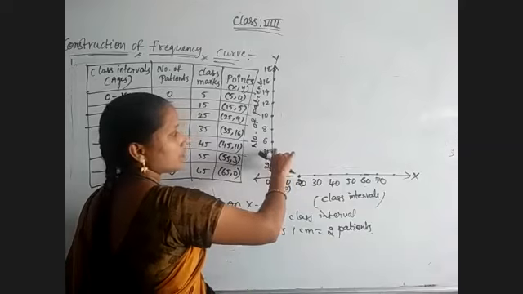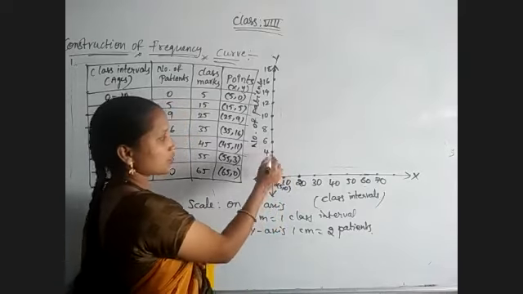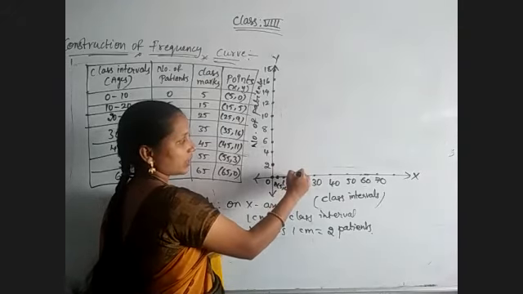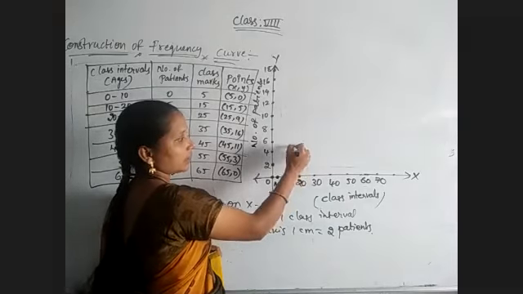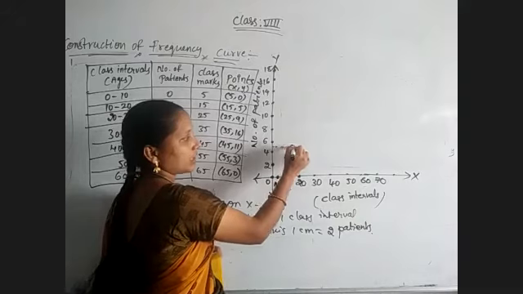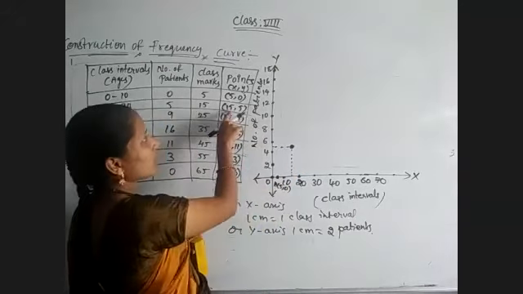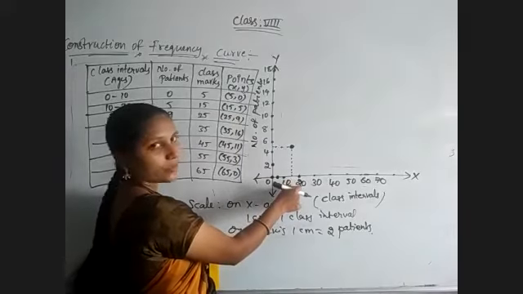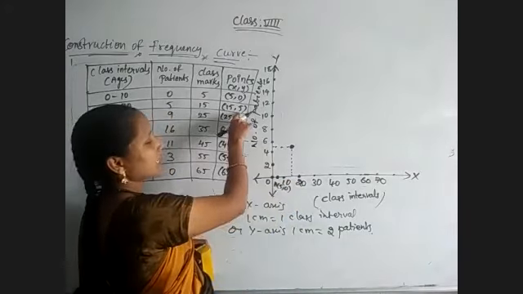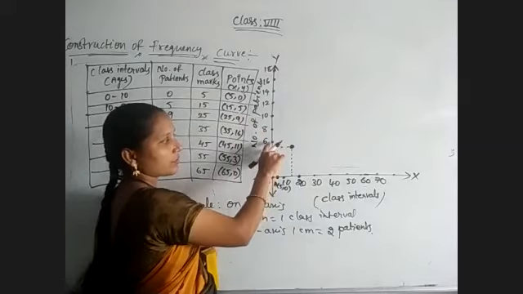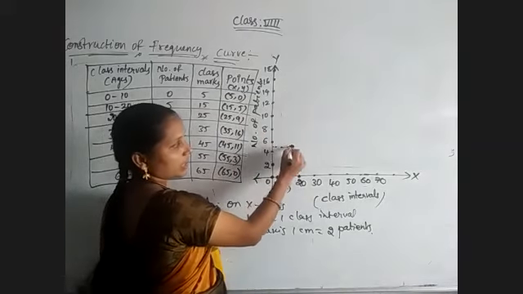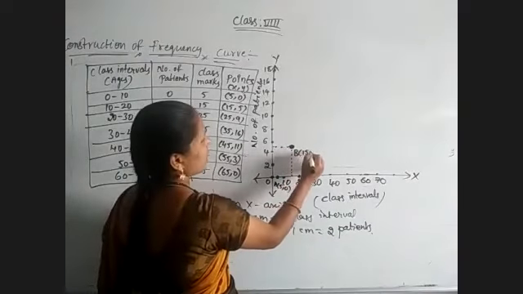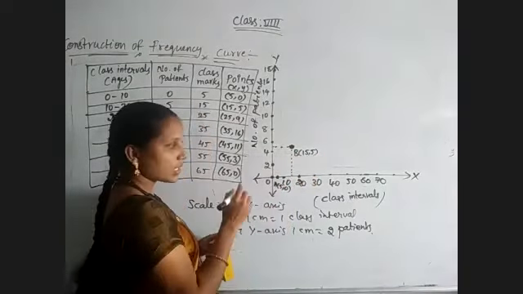On the y-axis, we have to choose 5, between 4 and 5 here. So that point is here, point B, 15 comma 5.